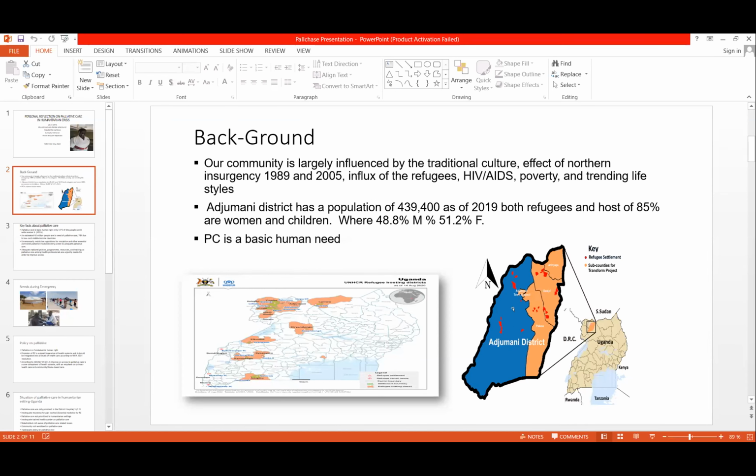We have around 11 sub-counties, and all the sub-counties host refugees. Therefore, we are covered with refugees in our district. And in Uganda, some of these highlighted areas are where some of the refugees from Congo and South Sudan are being hosted.